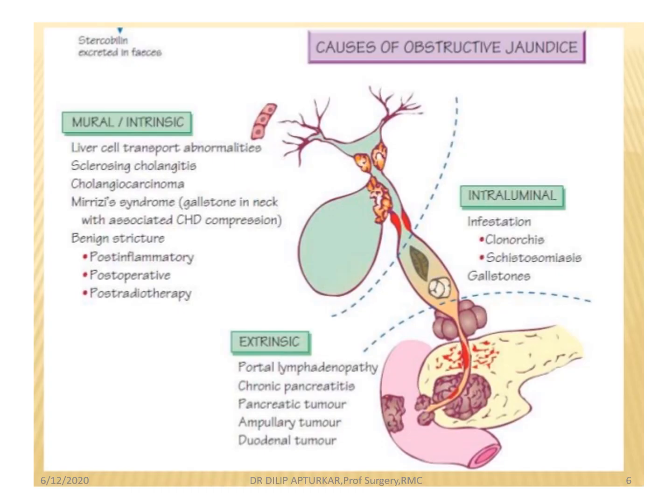So this is a picture showing the various causes of obstructive jaundice, diagrammatic representation, intraluminal, extrinsic or mural. You can see the picture.